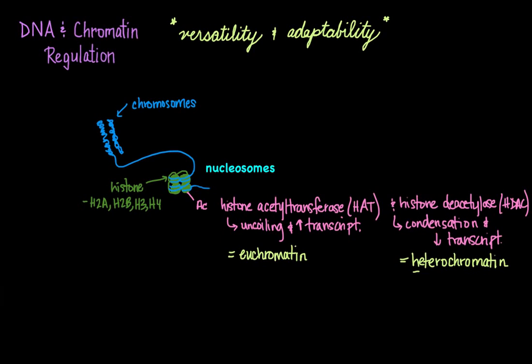Now, often you will see that histone deacetylation is combined with another type of DNA regulatory mechanism, and that is DNA methylation. And this occurs in a process called gene silencing. And this is a more permanent method of sort of down-regulating the transcription of genes.